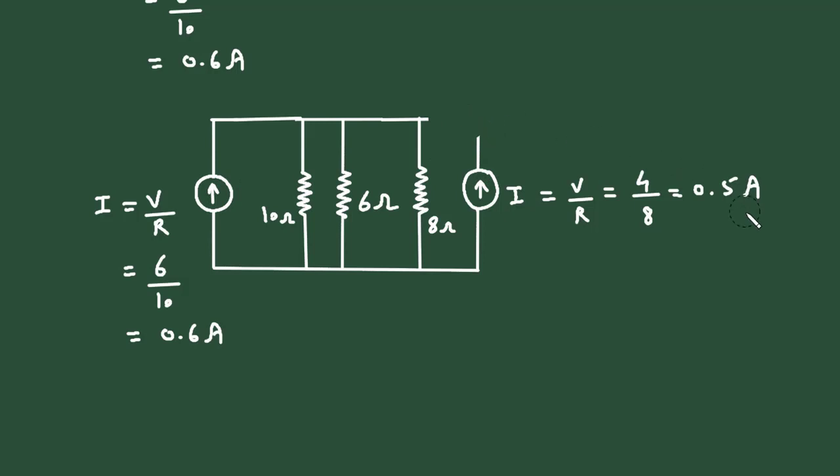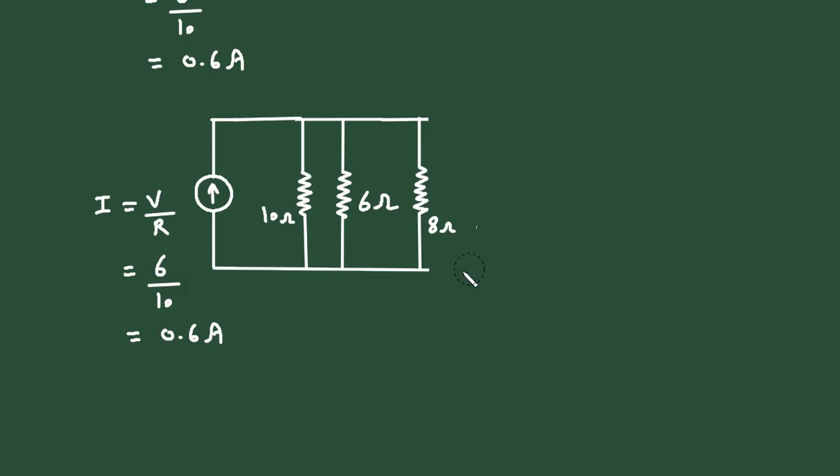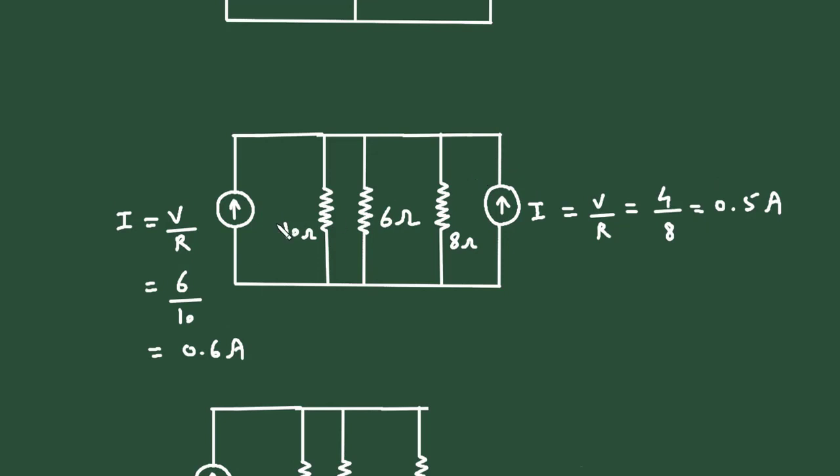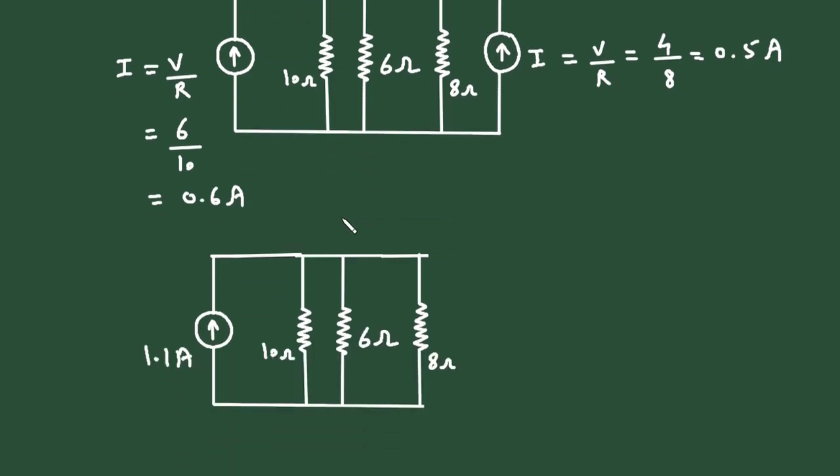So it will be 0.5 plus 0.6, which is 1.1. So here this current source will be 1.1 ampere. Here we can see both the current sources have the same direction, that is upward. So they will get added.